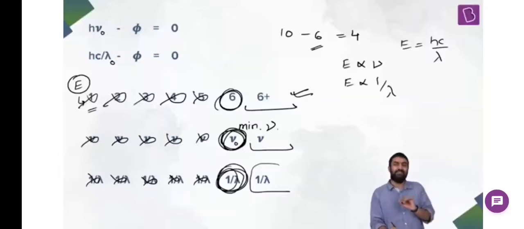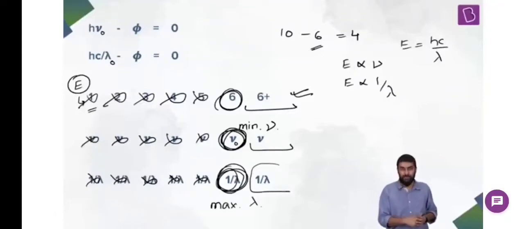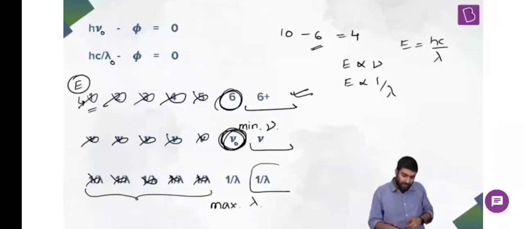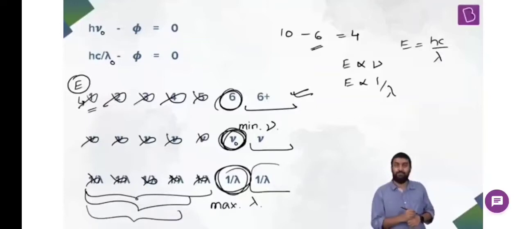Since we have 1 by lambda, this will be reversed. This is the maximum wavelength. Any other wavelength above it: look, all of these 1 by lambdas are lower than this 1 by lambda, so all of these lambdas are essentially more than that.